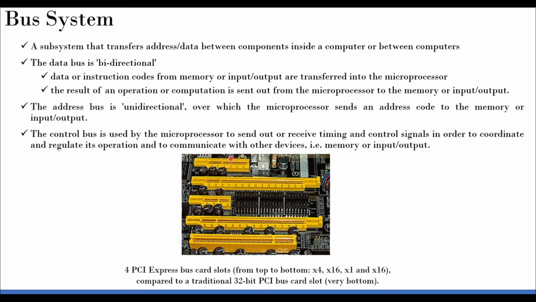From top to bottom in this case, this is a 4-lane connection here, a 16-lane connection here, then only 1 lane here, and then 16 lanes here again. So this is actually a 32-bit PCI, which is shown over here.